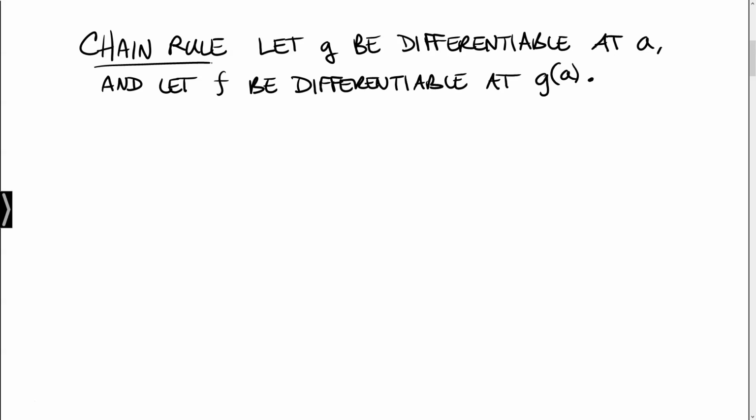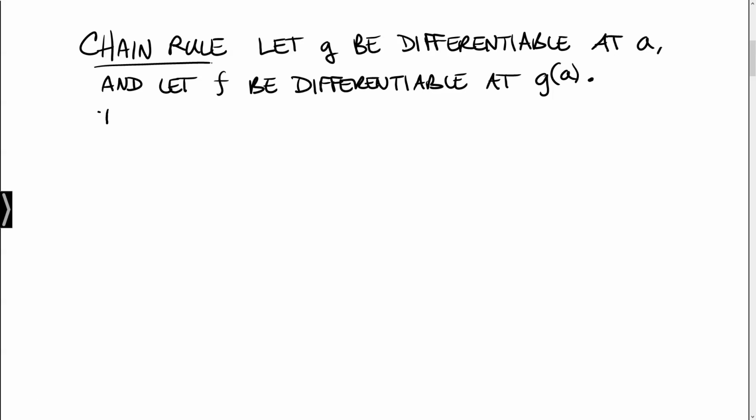Okay, so g is going to be like our first function, f is like our second function, or if you're familiar with the outer function, inner function terminology, g is our inner function, f is our outer function. So we're saying g'(a) exists, g is differentiable at a, but also f'(g(a)) exists, f is differentiable at g(a).